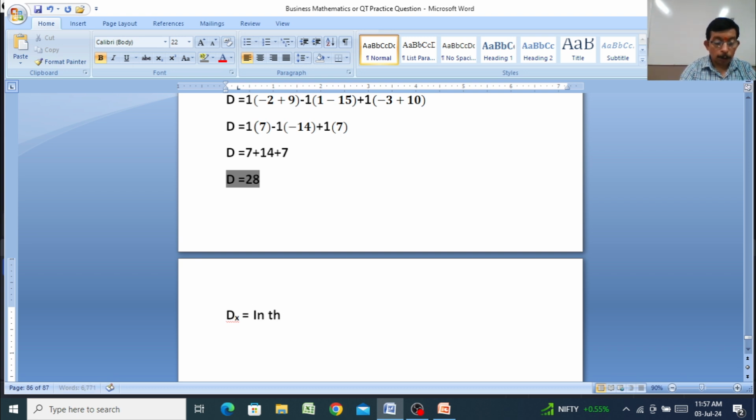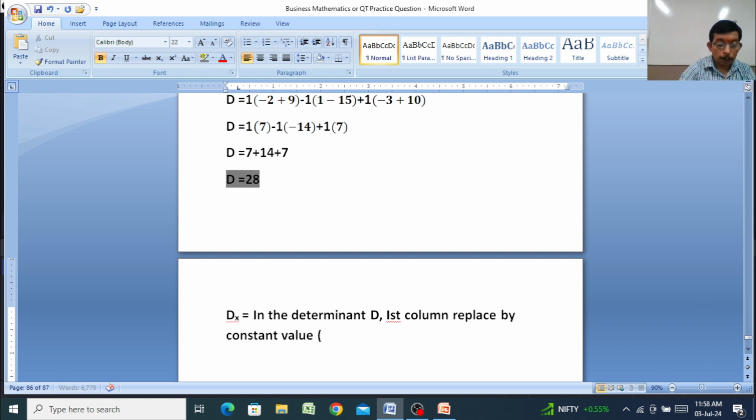In the determinant D, the first column is replaced by the constant value.